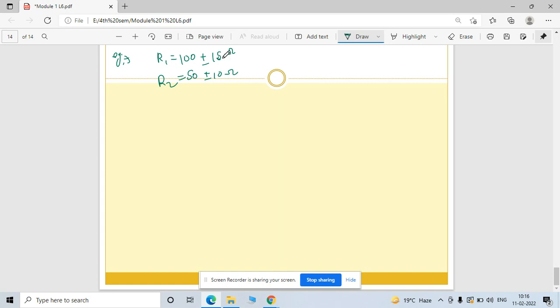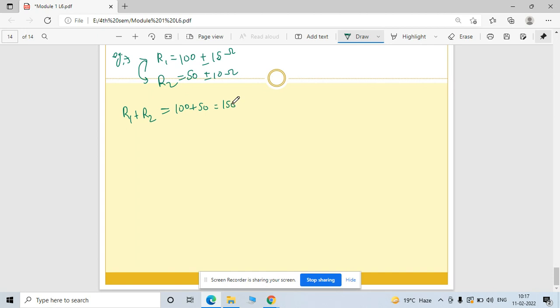So when I add these two resistances, what is R1 plus R2? See here, the absolute error is given. So if I forget about this error, what is the actual value? 100 plus 50, which is nothing but 150.